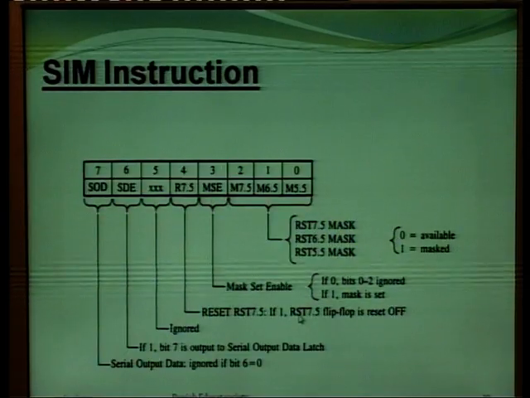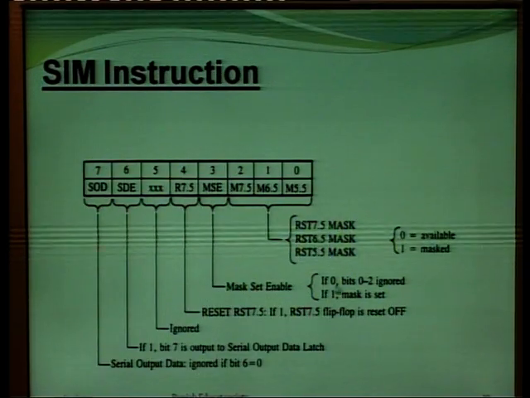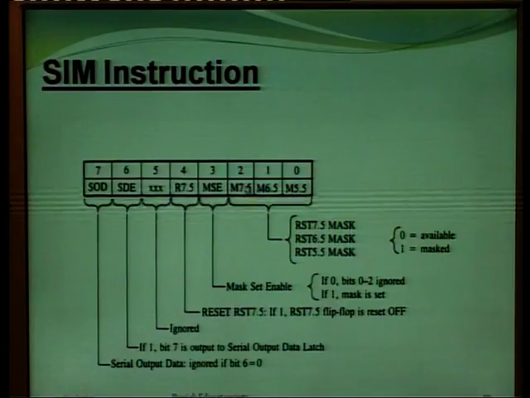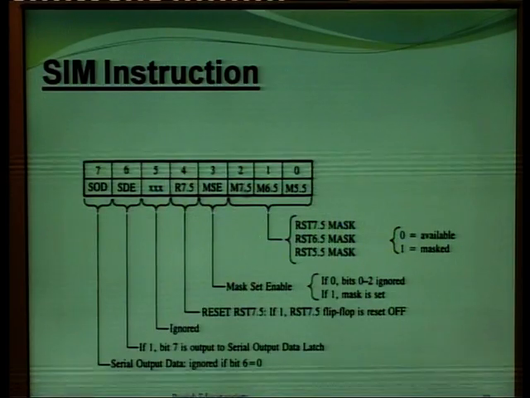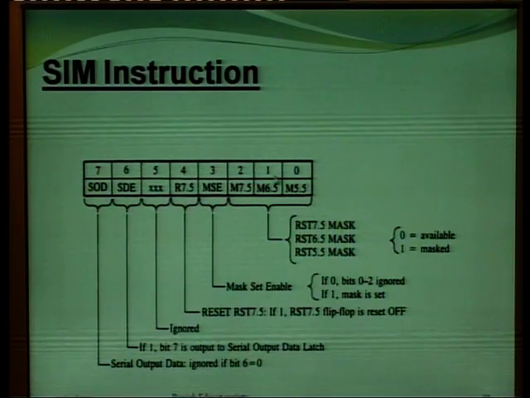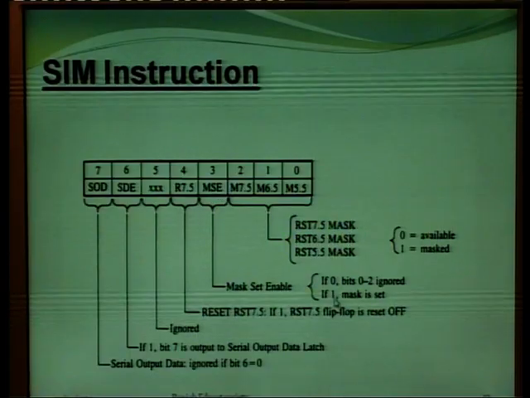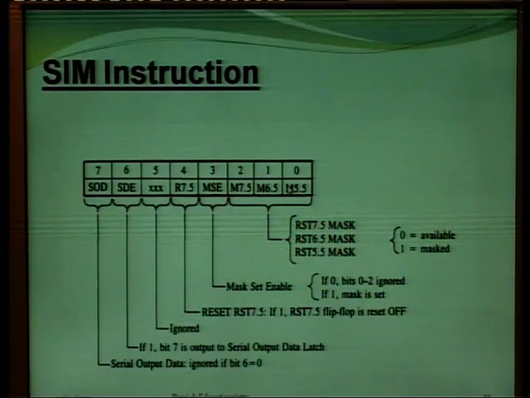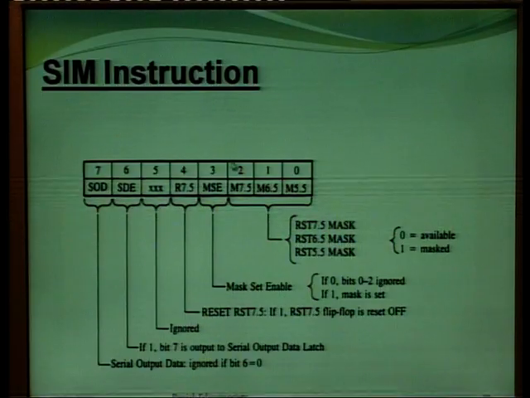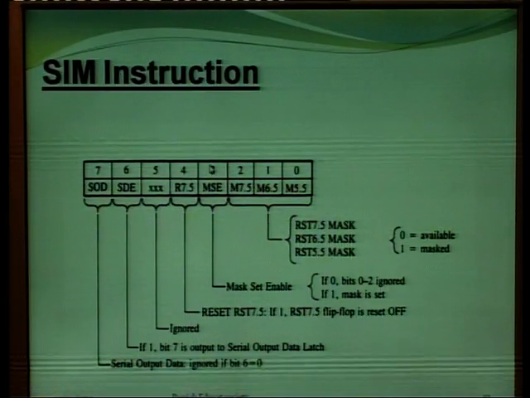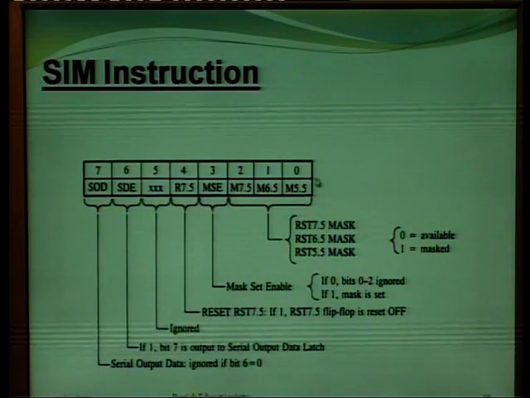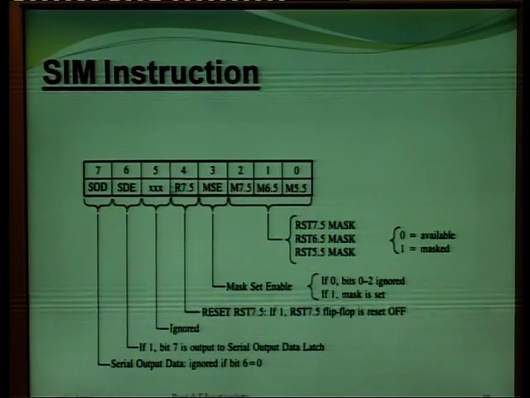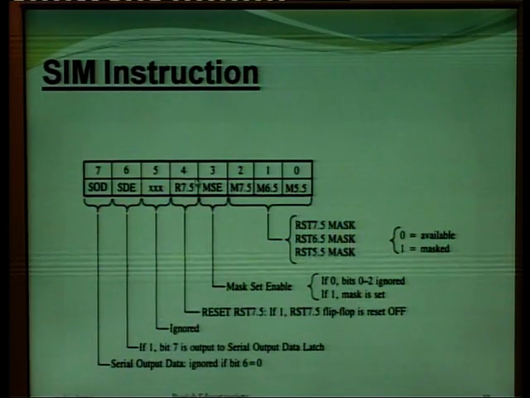MSE means mask set enable. If this bit is 0, these 3 bits are ignored. These 3 bits are available only if this MSE bit is 1. So we can mask or unmask these 3 interrupts only if this MSE bit is 1. If this bit is 0, there is no requirement of making any change in these bits.